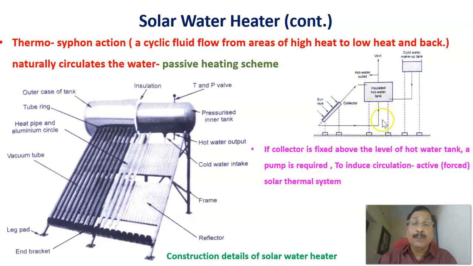If you are using a pump mechanism to pump the water, when the collector is kept above the hot water tank, then a pumping mechanism is required to circulate the water. We call that an active solar thermal system, when a pump is used. Therefore, here a passive solar water heater or passive heating scheme is used.